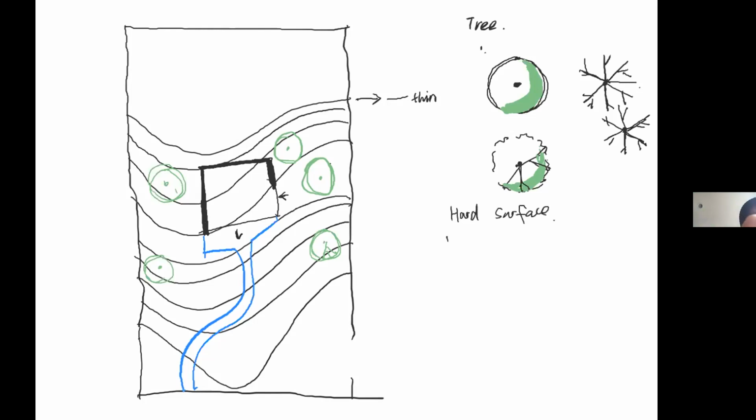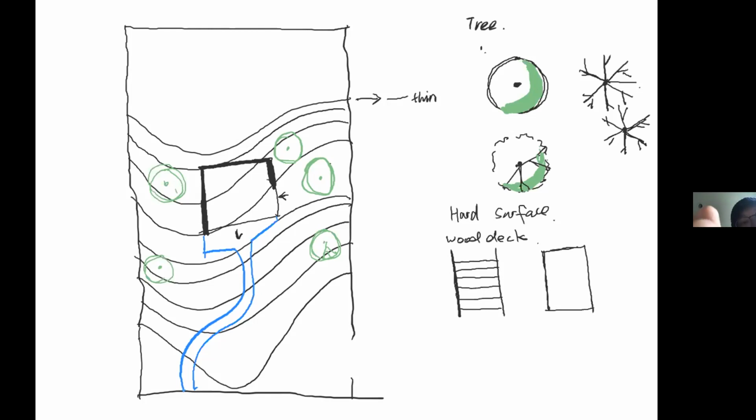For the wood deck, for example, if your trail is like that, you need to draw each of the parallel boards. Or for a concrete slab, you may just leave out the blank space, or give some texture to show that it's concrete.